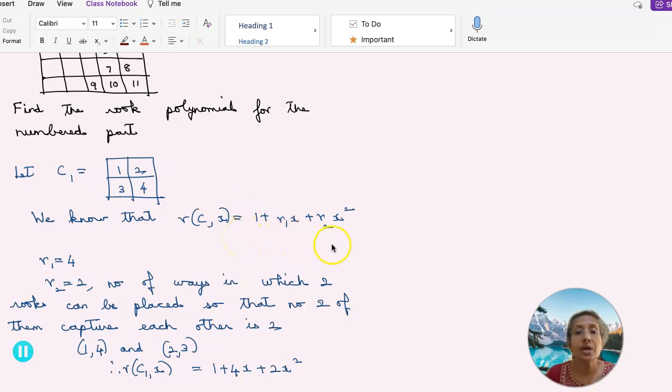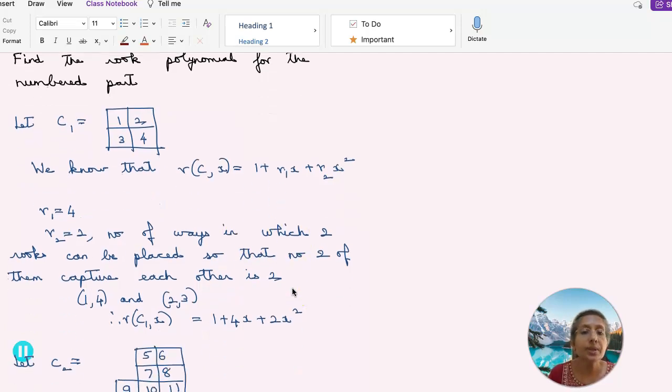R_C(x) is 1 plus R1 x plus R2 x squared. R1 is 4, R2 is 2, since the number of ways in which two rooks can be placed so that no two of them capture each other is 2. That is 1, 4 or 2, 3. As a recapitulation, two rooks capture each other if they are in the same row or column. So R_C1(x) is 1 plus 4x plus 2x squared.